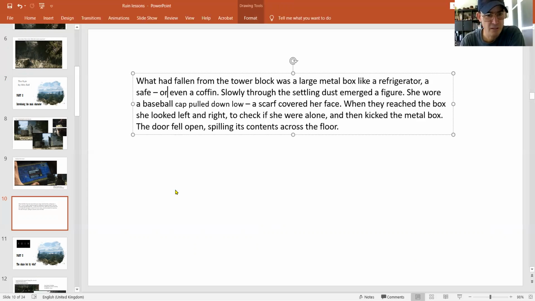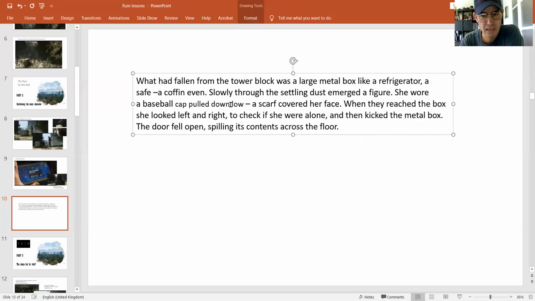That's not quite right. So perhaps it's a hyphen or, you know, one of the two. So a refrigerator, a safe, even a coffin. A coffin even is probably better, isn't it? Yeah. And I quite like this idea of a coffin, because it puts this idea of death into the reader's mind, just subtly, so it makes them feel a little bit uncomfortable.